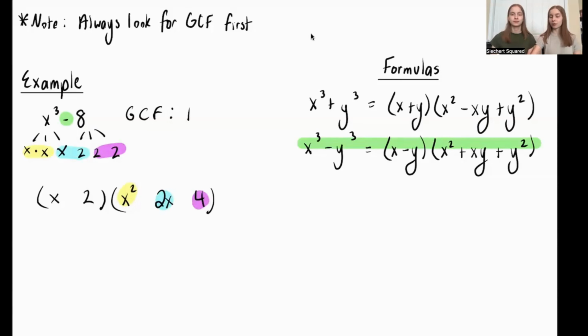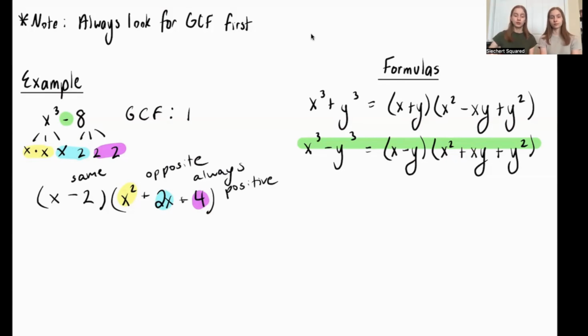And then from here, our first sign is going to be negative because SOAP tells us we have our same right here. And so the same sign is subtraction. Then we have our positive because that is going to be our opposite sign. The opposite of subtraction is adding. And the last one is always positive every time, whether or not it's adding or subtracting cubes.